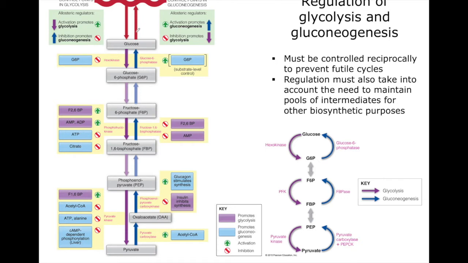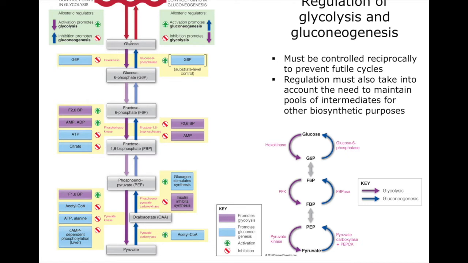Again, you may want to pause the video and look at this a little more closely, but essentially we've got glycolysis if we're going down from glucose to pyruvate, and we've got gluconeogenesis if we're going up the slide from pyruvate to glucose. If we look at a couple of these, for example, let's look right here.